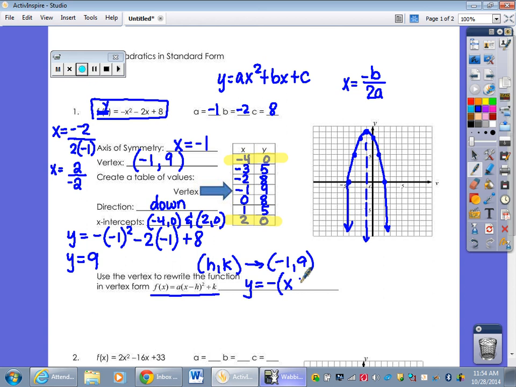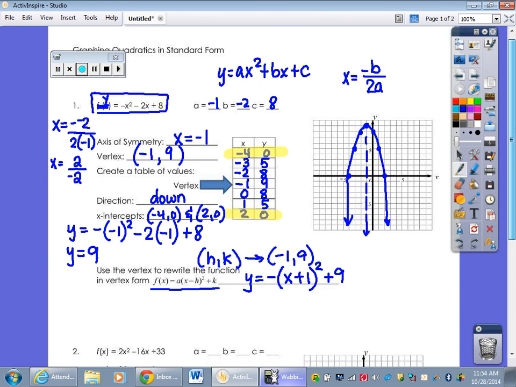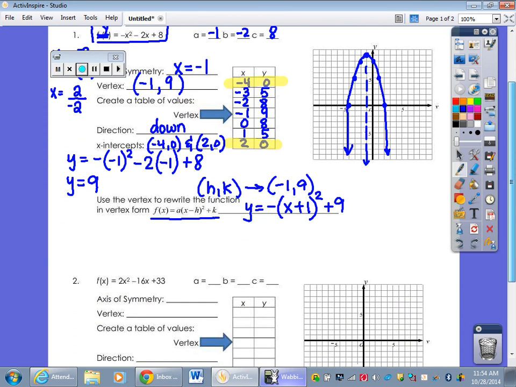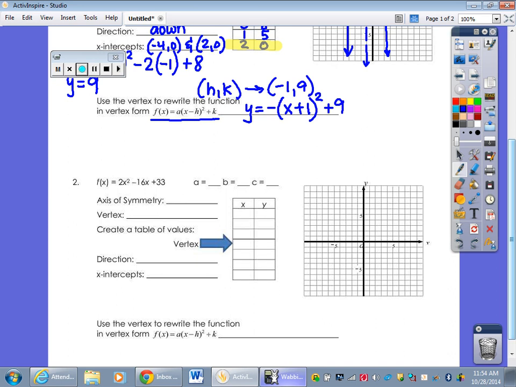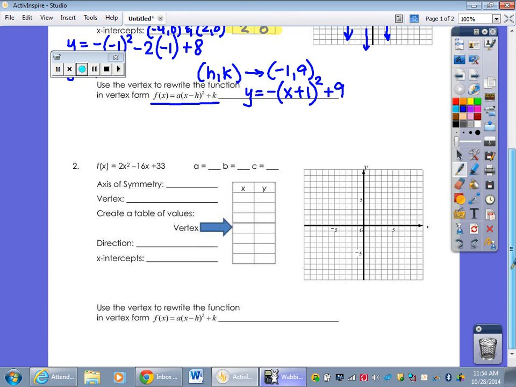So here I'm going to put x plus 1 because you want the opposite inside, and then plus 9 at the end because you want the exact outside. Inside it's opposite, outside it's exact. So in the parentheses, you do the opposite of the number, and in the outside of the parentheses, you do exactly the number. All right, let's look at the next one.